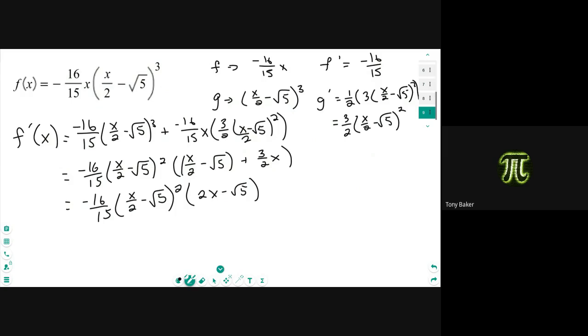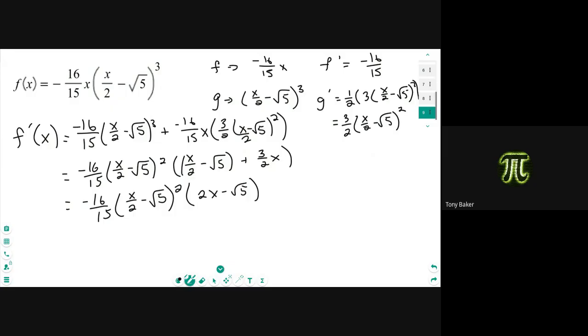So let's find my critical numbers for this one. Where are my critical numbers for the first derivative? Anyone?